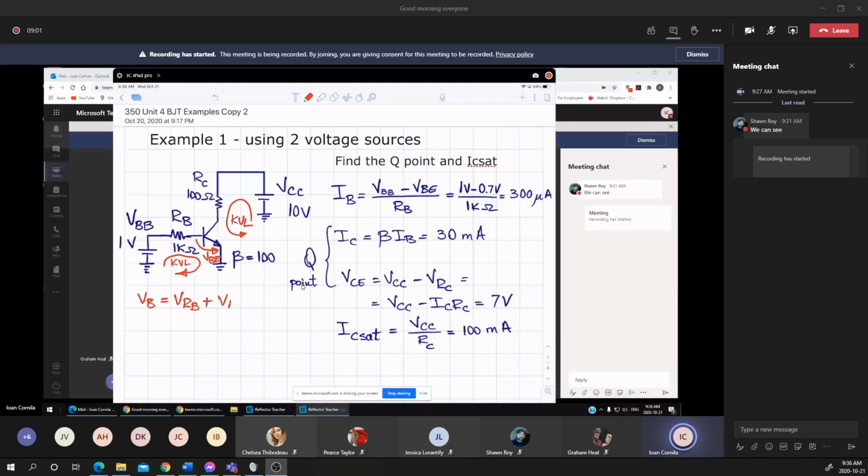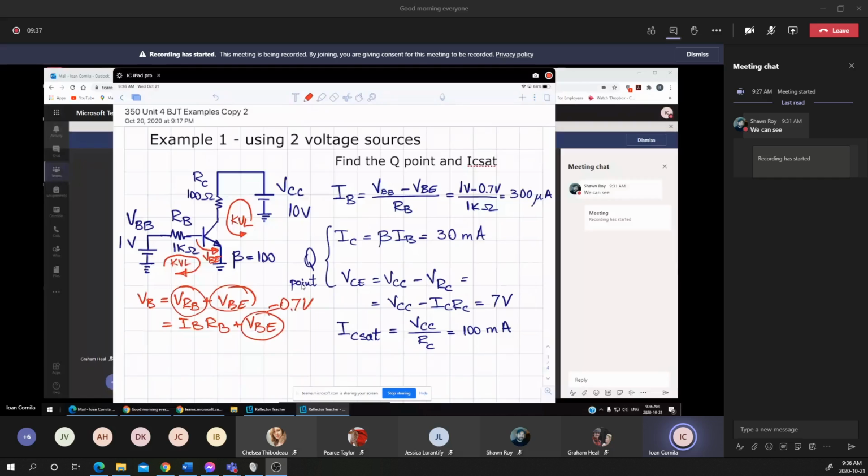Now I'm trying to define what VRB means, the voltage drop across the resistance that is connected to the base. That's the IB current multiplied by RB plus the VBE.